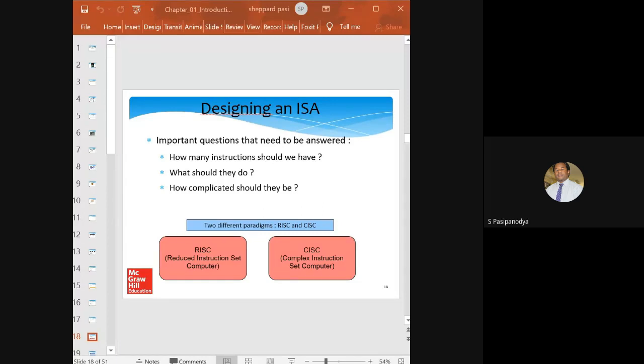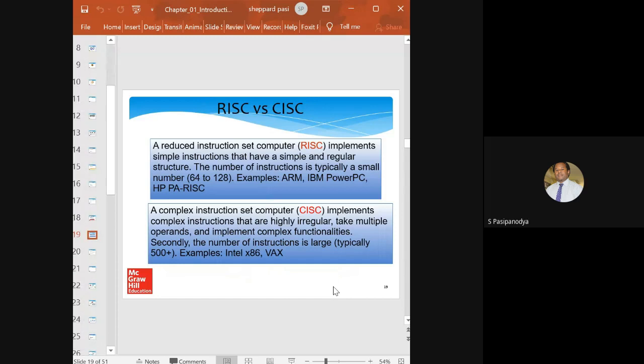The greatest variance between these 2 types of architectures is the instruction set in terms of cumulative count and the complications in terms of executing those instruction sets. So when we're looking at RISC-based machines, we're saying they implement instructions that have a simple and regular structure.